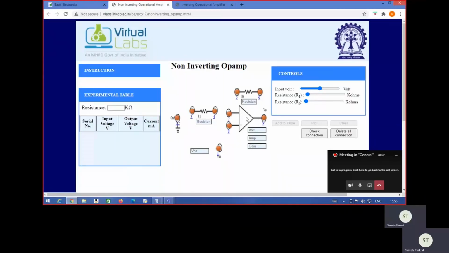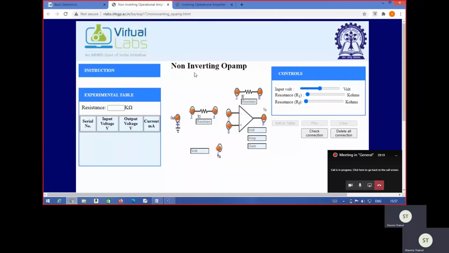And this operational amplifier is working on a dual power supply of plus minus 15 volt. This is the input resistance R1 and this is the feedback resistance RF. In the case of non-inverting operational amplifier, the input is applied to the non-inverting input terminal, that is the plus terminal, and the inverting input terminal will be connected to ground.